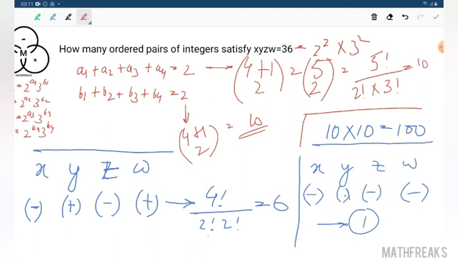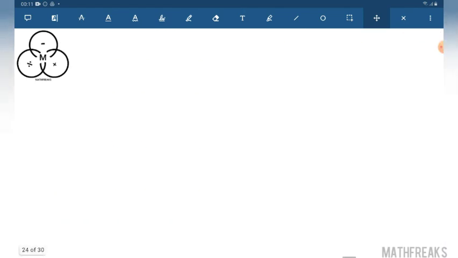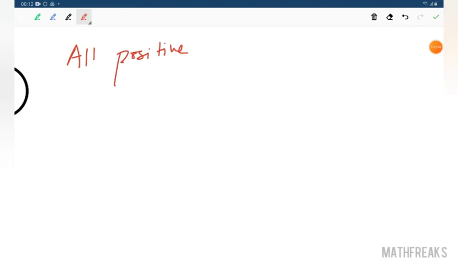This is for positive integers. Now we are having 3 cases.